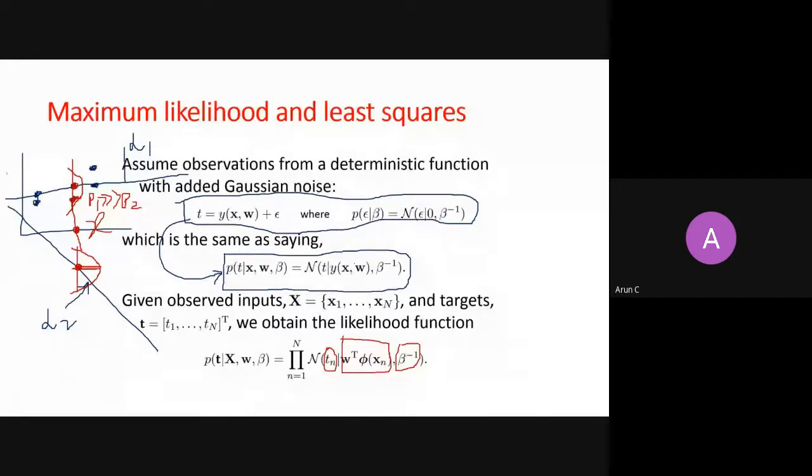You calculate all the probabilities P1, P2, P3 corresponding to samples S1, S2, S3, and you multiply all those probabilities. Remember, my line is still a variable concept because I have not fixed my intercept and slope, or in general, my parameters W0 to Wm. So I can tweak my parameters and change my line every time. For every line, I can calculate the probability, and I want to find a line which maximizes my probability. This is what we have been discussing.